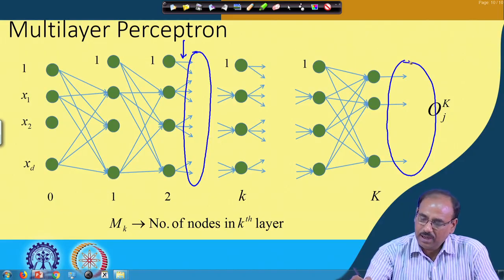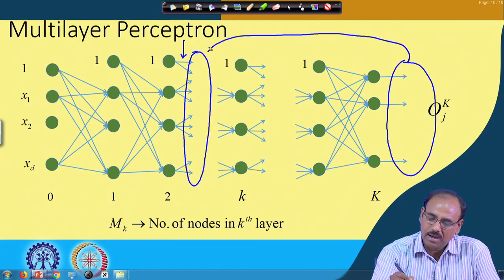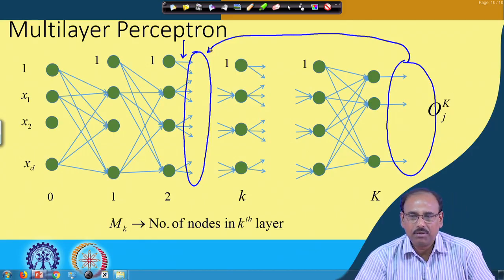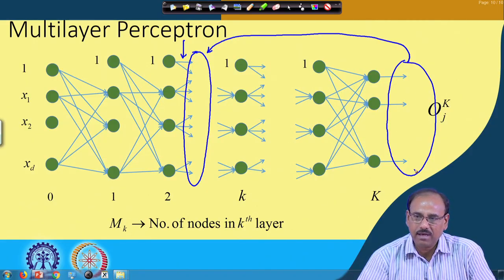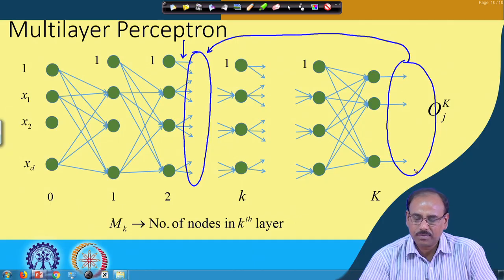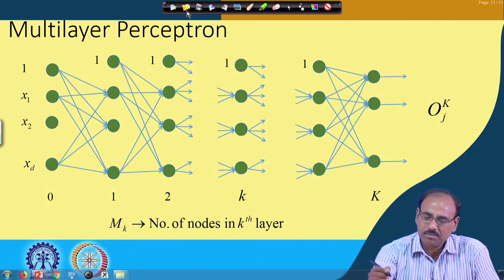So, whatever error I compute here has to be brought to this particular layer through backpropagation, and in this layer I have to see what is the effect of this error, and using that I have to go for weight updation, again following the gradient descent approach. So, let us see how we can do that.